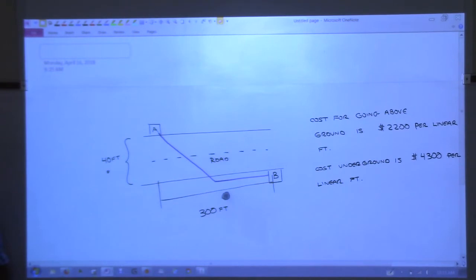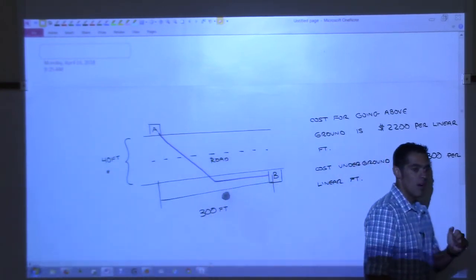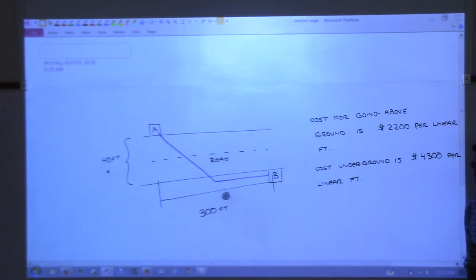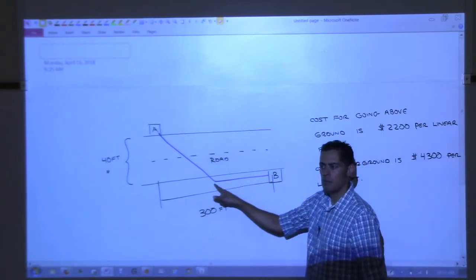Okay, that's everything you need. So the question here is this. Find the minimum cost for this project, and on top of that, tell me exactly what point I need to aim at.